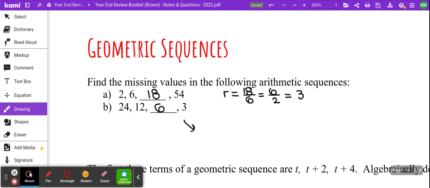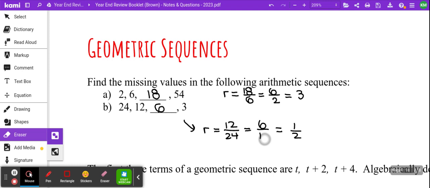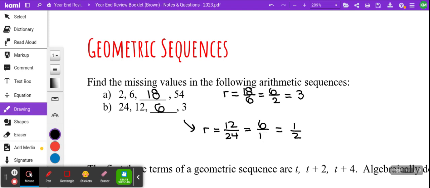For B, I know the ratio would be 12 divided by 24, or I found the mystery number, but 6 divided by 12. Would you agree all of those simplify to give you a ratio of 1/2? So as much as you are dividing by 2, it is the same as multiplying by 1/2.